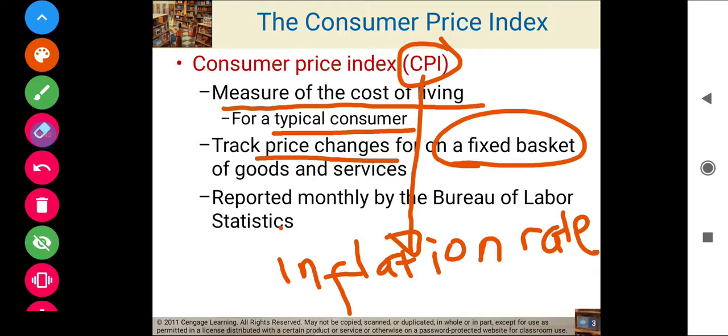So when the CPI rises, it means the consumer or family has to spend more money to maintain the same standard of living. What does it mean? When the CPI goes up, the inflation rate also rises.